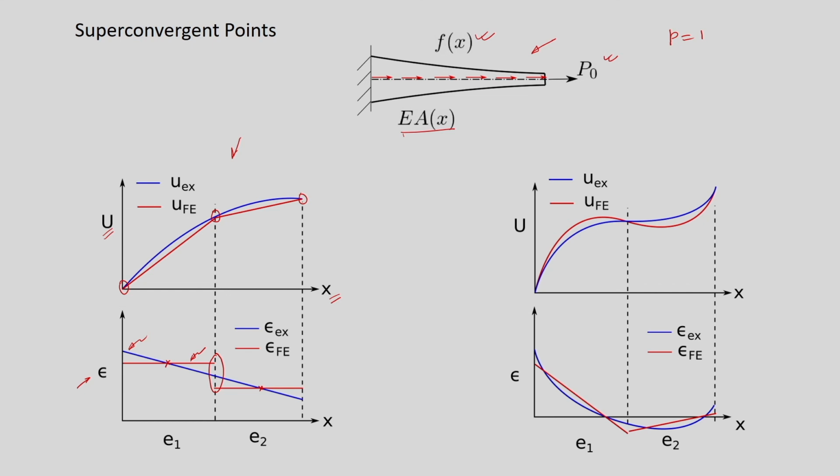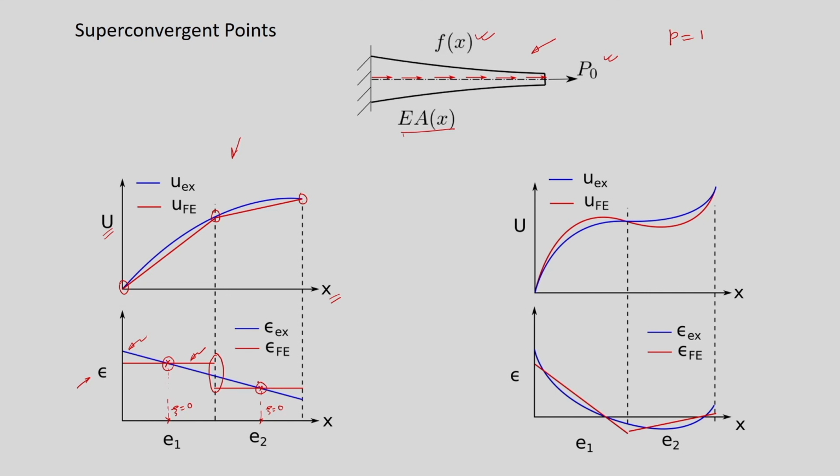Now, if we note down these points in the domain, it is found that these are basically the points corresponding to the Gauss point rule p equal to 1. So, these are basically corresponding to the point xi equal to 0. This is the first Gauss point. Now, at these points your finite element solution is exact.